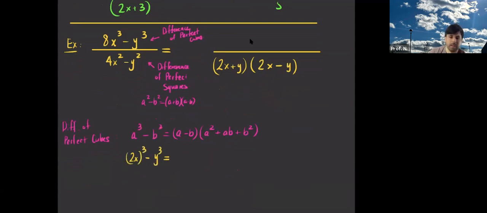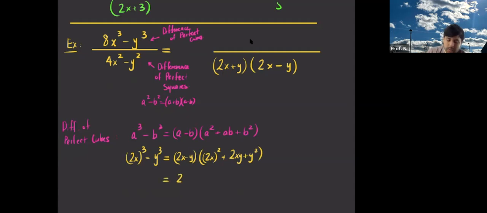And all I have to do is plug in the formula. So I get 2x minus y, times 2x squared plus 2x times y, which is 2xy, plus y squared. Now remember, the 2x is in parentheses and I square it.